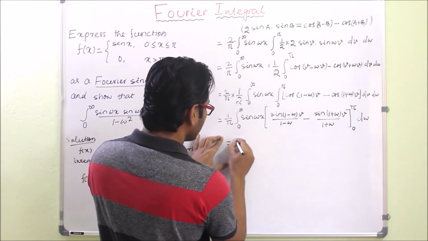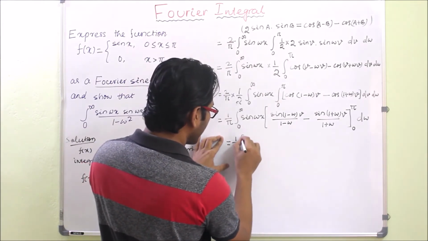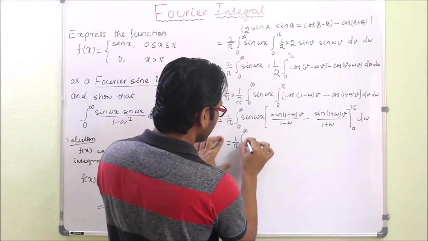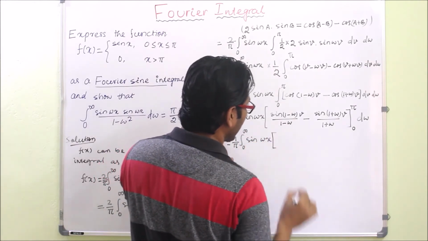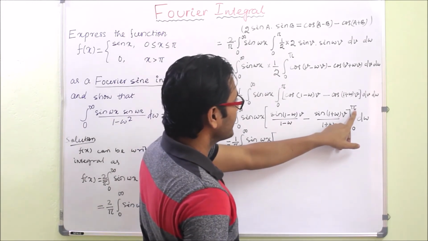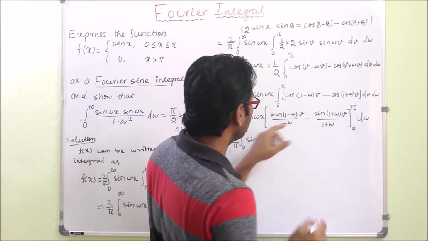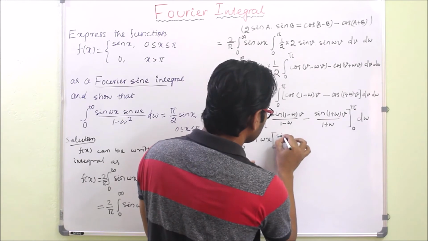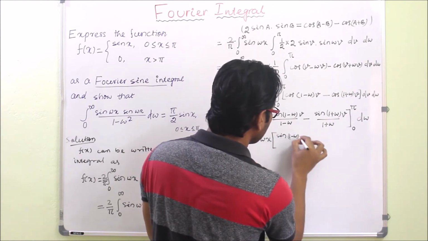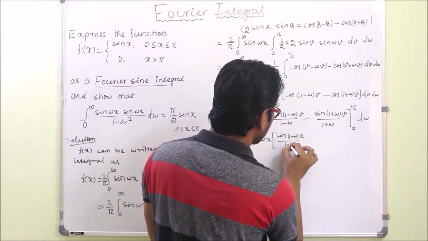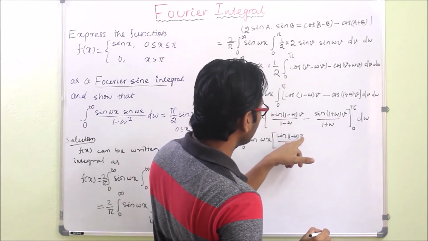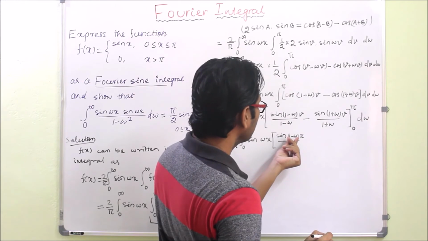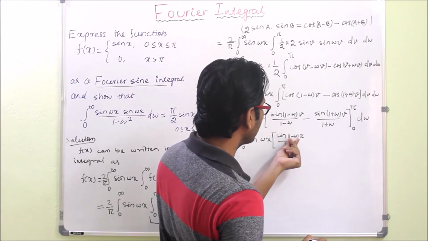Now we have to solve that. So 1 by pi 0 to infinity sin wx. Inside, we'll see what will happen. If I put pi in place of v, it will be sin 1 minus w pi by 1 minus w. Here sin 1 minus w into pi is not 0 because we don't know what is the value of 1 minus w.